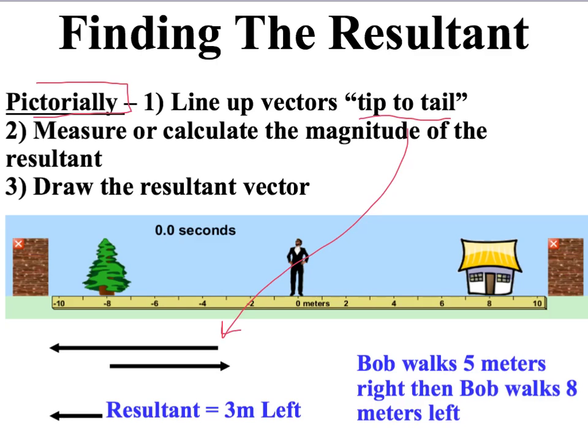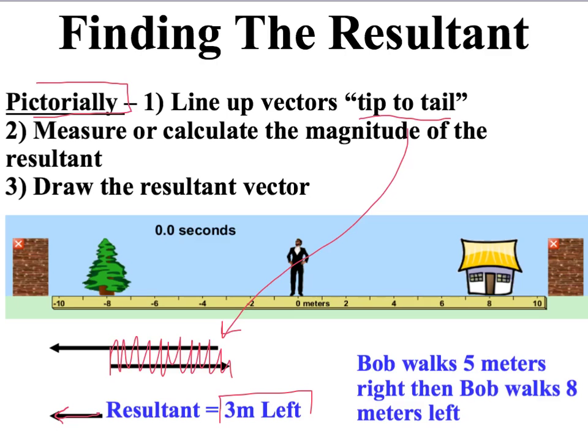And then you find the resultant after kind of canceling this out. Then your resultant is a smaller vector than either of the two in terms of size, and the overall direction is pointing left. So the resultant is 3 meters to the left, and you would draw that resultant vector.